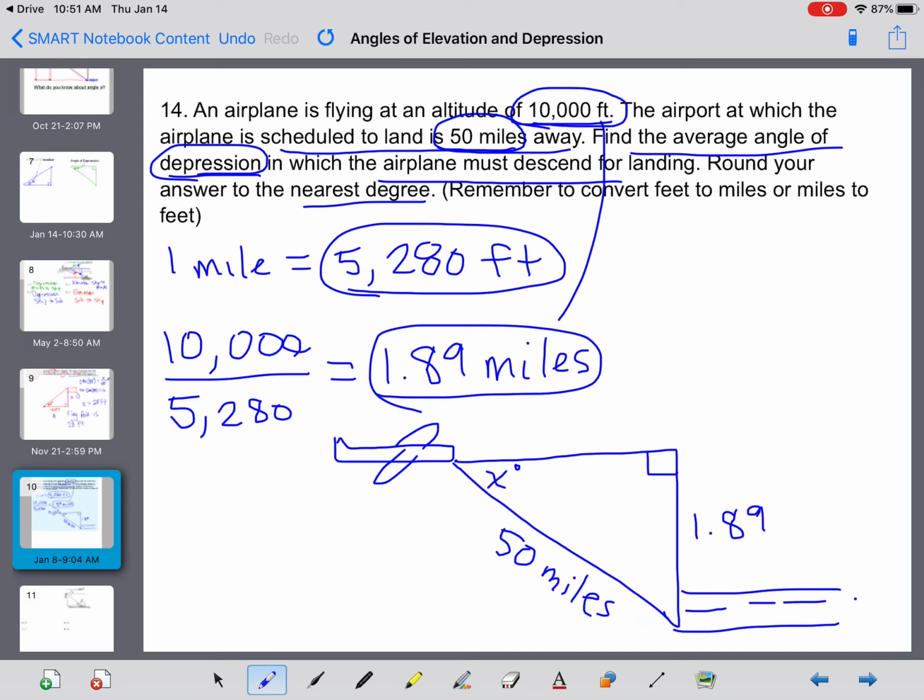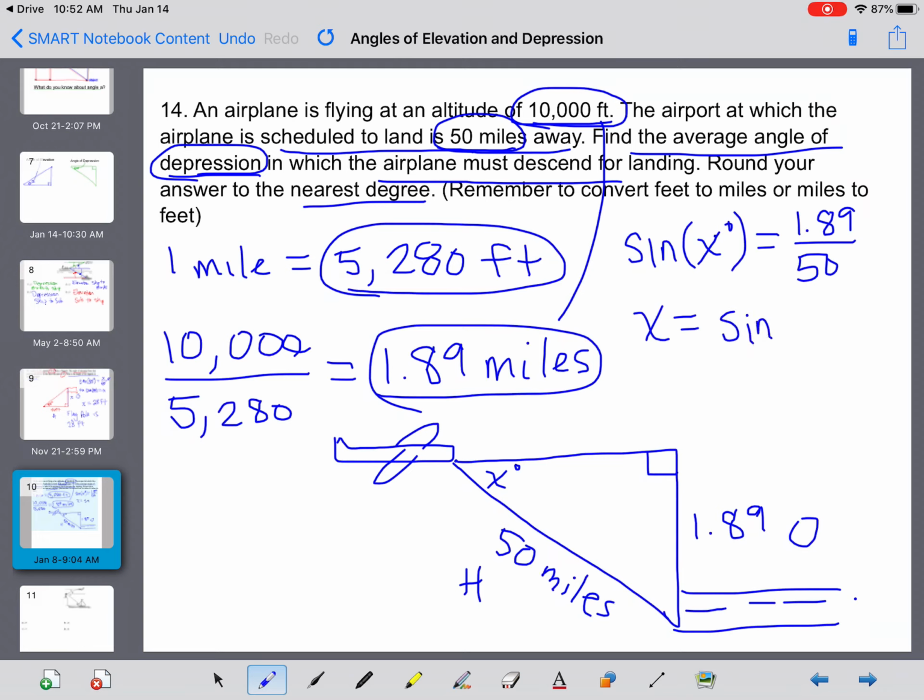Now we have our right triangle, so it looks like we have the opposite side and the hypotenuse. So that means we're going to use the sine function. So the sine of our angle is equal to the opposite divided by the hypotenuse. And to solve this, we need to use the inverse sine function.